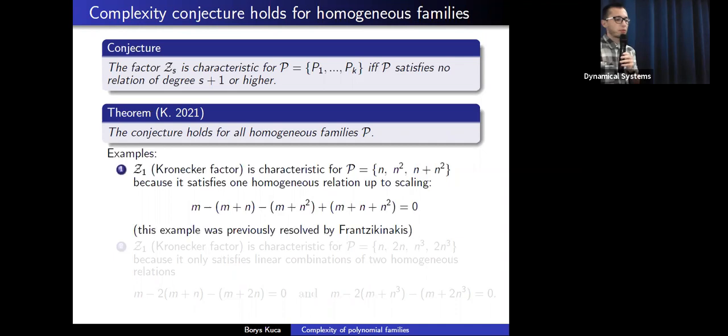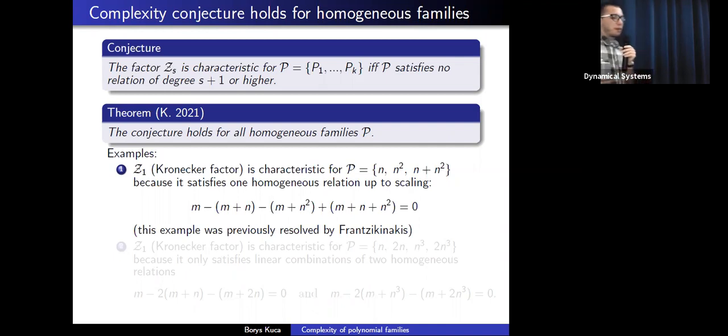Let's look at some examples. I have already discussed this family a few times. I showed you that it's a homogeneous family satisfying only this linear relation. So by the theorem, the factor Z1, so the Kronecker factor, is characteristic for this family.